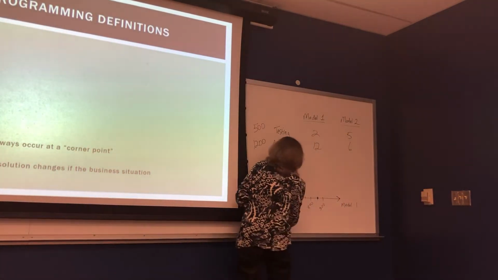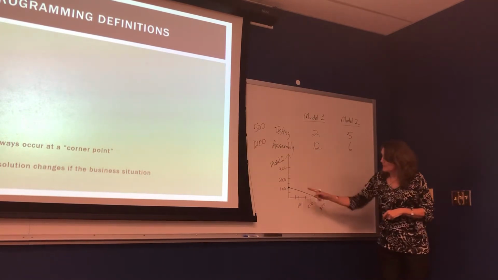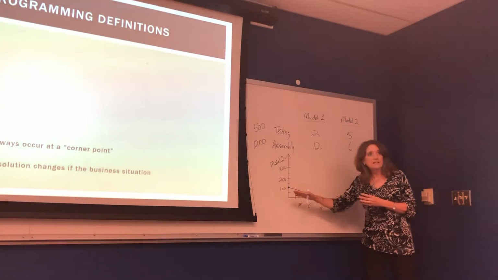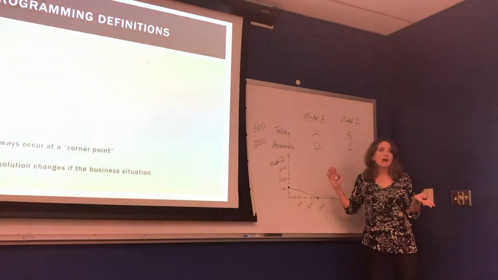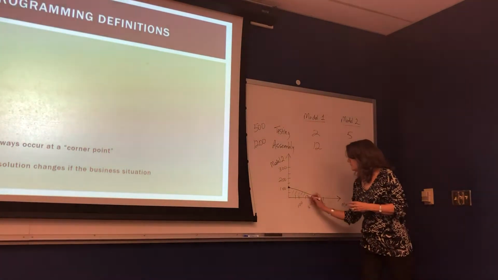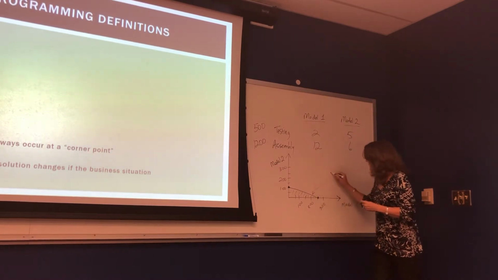This line, it's not going to be all that straight, tells you that any combination below it is feasible, and any combination above it is not feasible. Granted, these wouldn't all be whole numbers, but that's the feasible range with respect to testing.